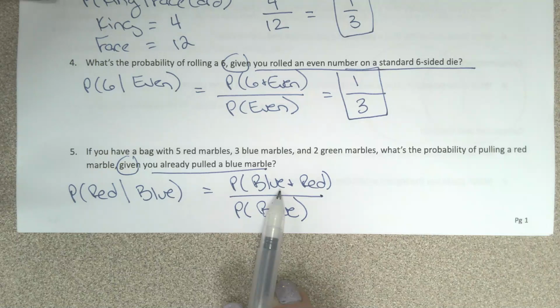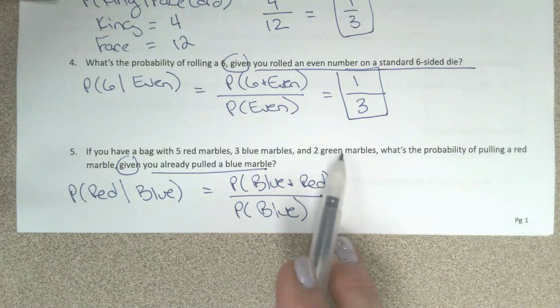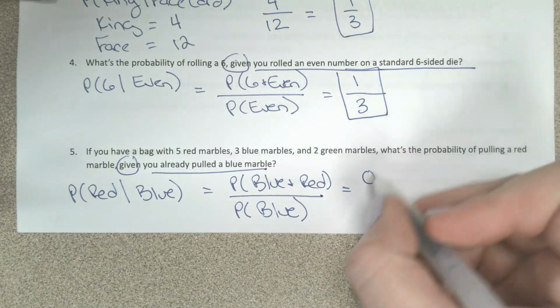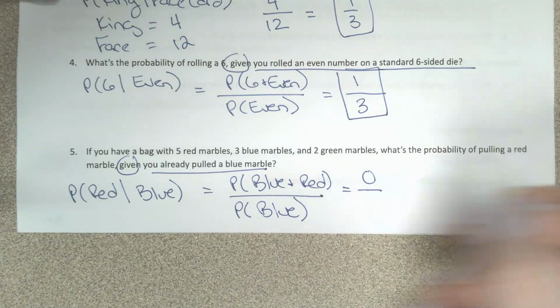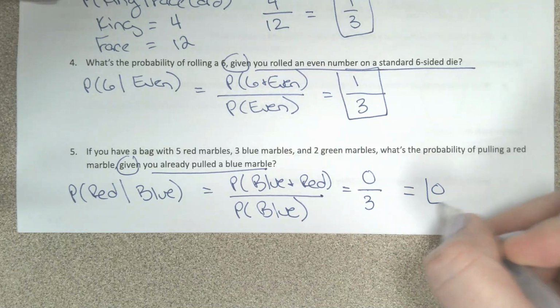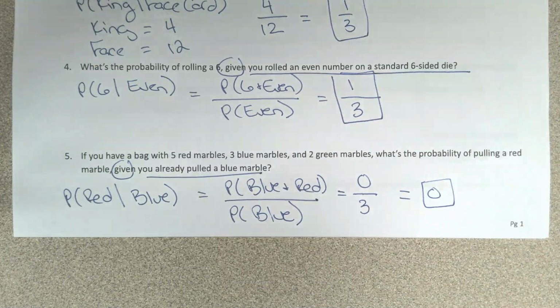There aren't 2 shaded marbles. They're either red or blue or green. So there are no marbles that are both blue and red. There are 3 blue marbles. And so the probability of this occurring is 0. You cannot pull a red one after you've drawn a blue one.